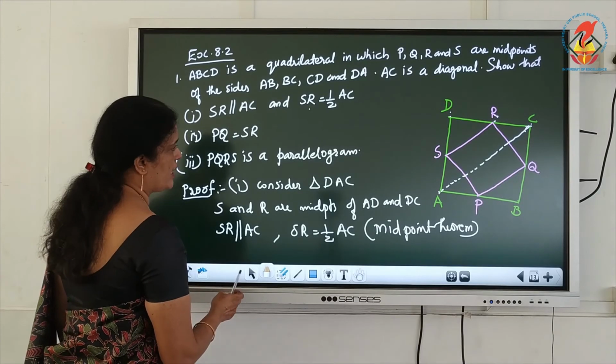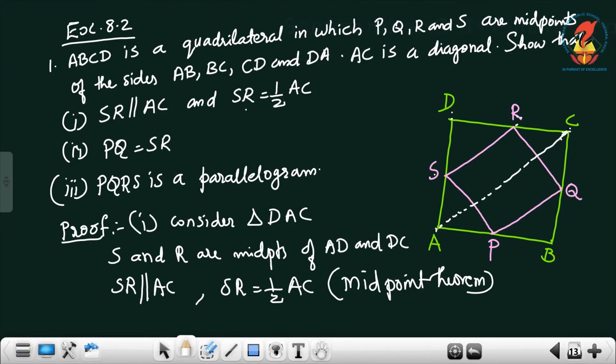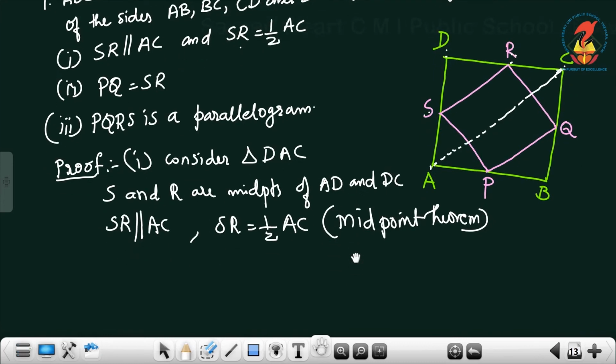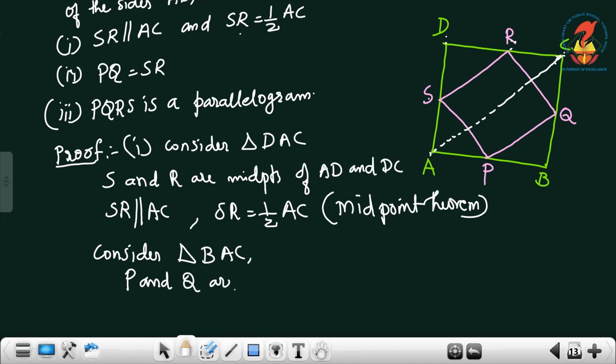Next, consider triangle BAC. P and Q are midpoints of AB and BC.